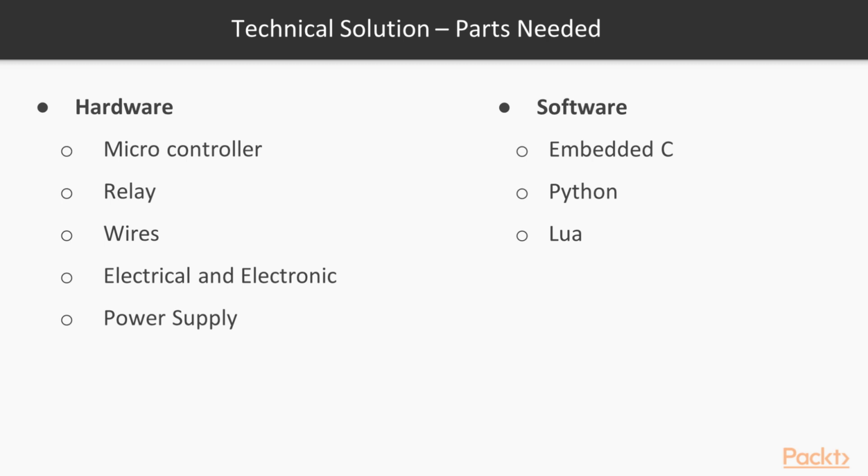Then you would need some basic electrical and electronic components like resistors, capacitors, transistors. All of these will be required when you want to build a use case for consumer use. Of course, you need power supply, one going to the lamp, which is going to be 110 or 230, another going to the microcontroller, which will be about 5 volts.